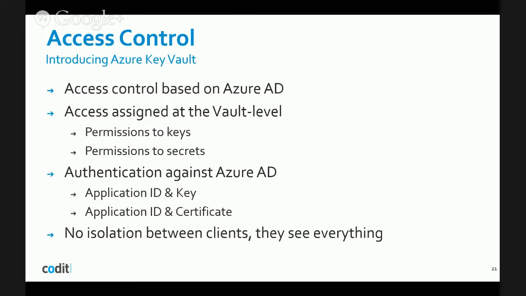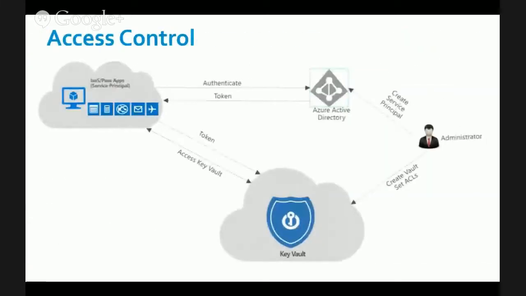You have control over the permissions to the keys and the secrets, which is obvious. And you can authenticate with the ID and a key or certificates. Here's a diagram. The administrator creates a service principal, which is an application, then creates a vault and applies certain permissions for that application.